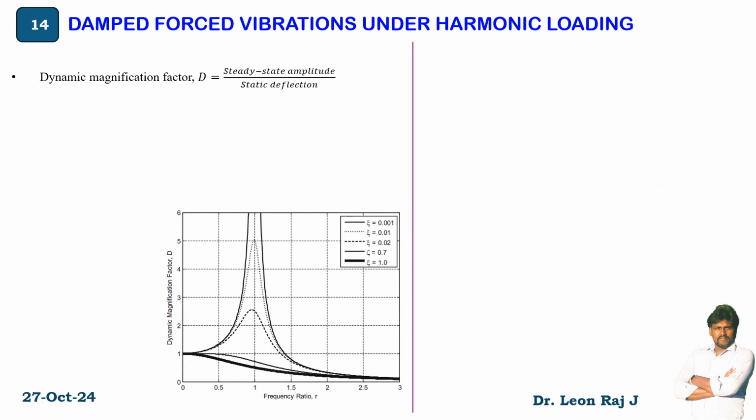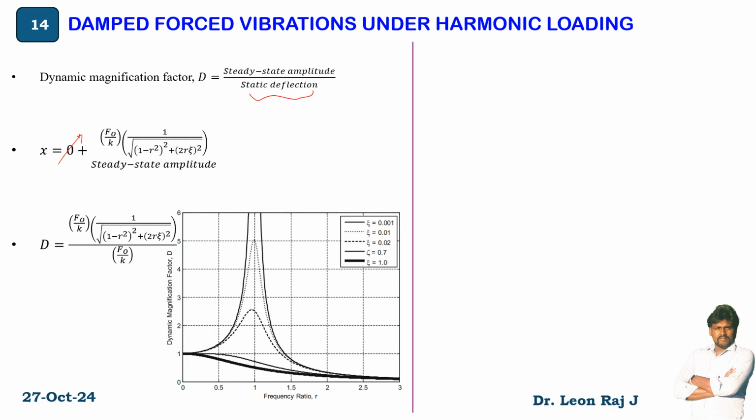So damped forced vibrations under harmonic loading. The dynamic magnification factor D is equal to steady state amplitude divided by static deflection. So your response x equals 0 plus the transient response, we are just making it 0, and your steady state response equals f0 by k into 1 divided by square root of (1 minus r square) plus 2r xi square.